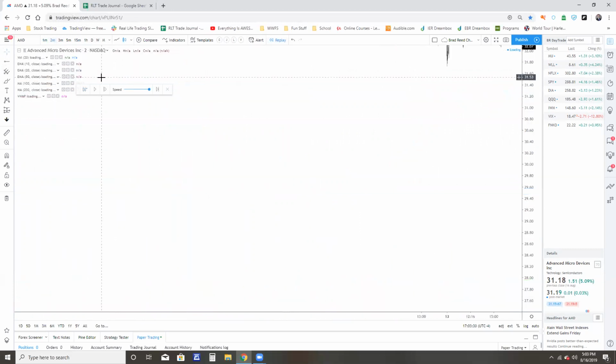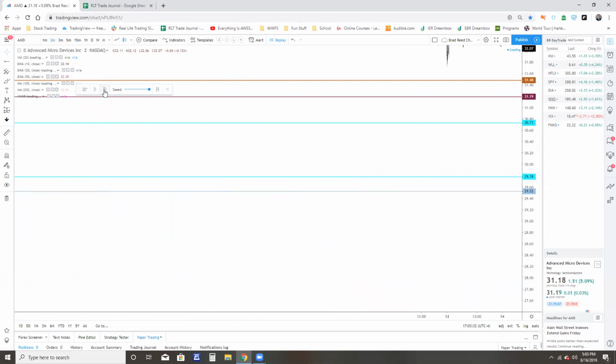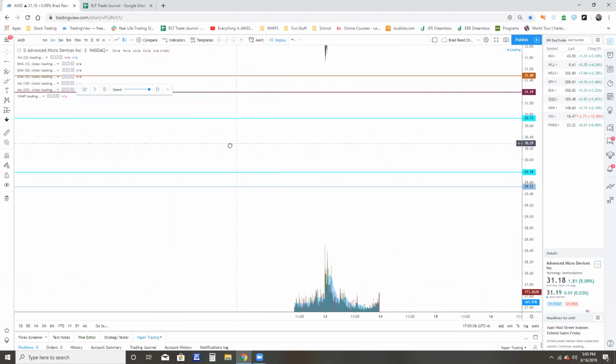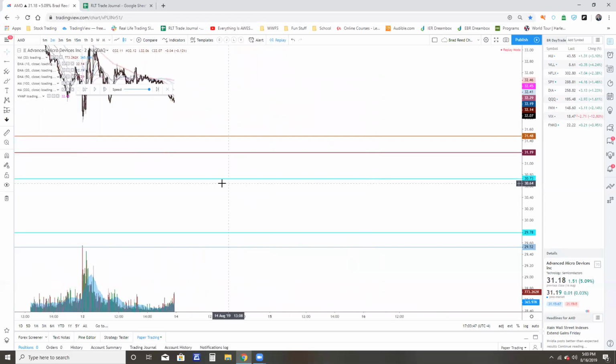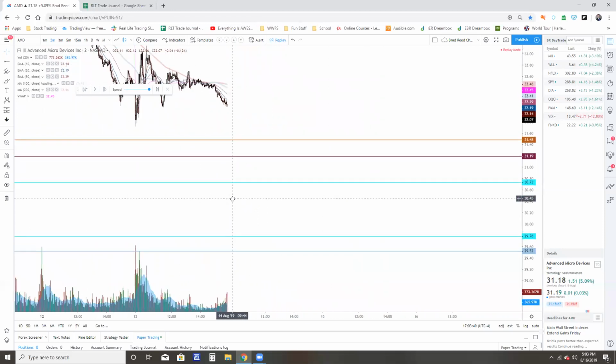Let's try it on the 2 minute chart. And TradingView is still loading. Show me that next candle.